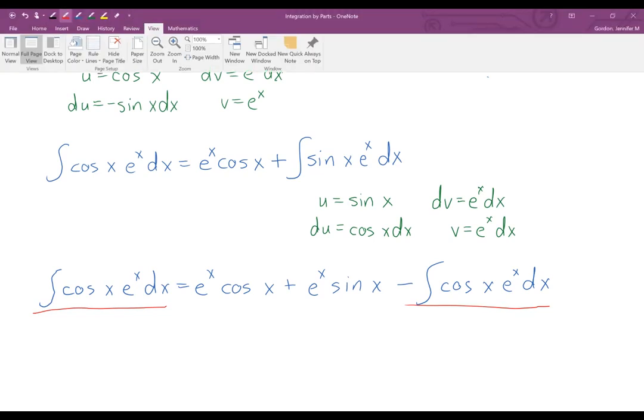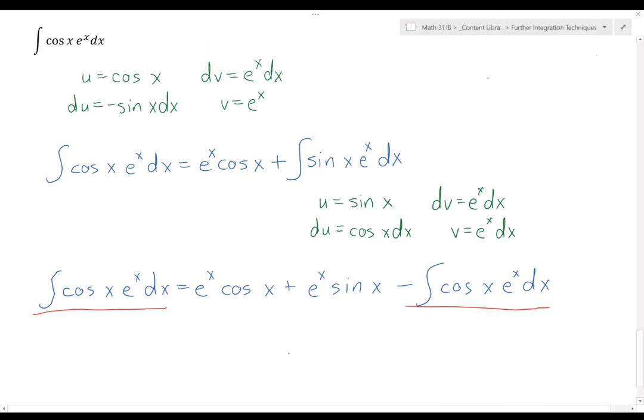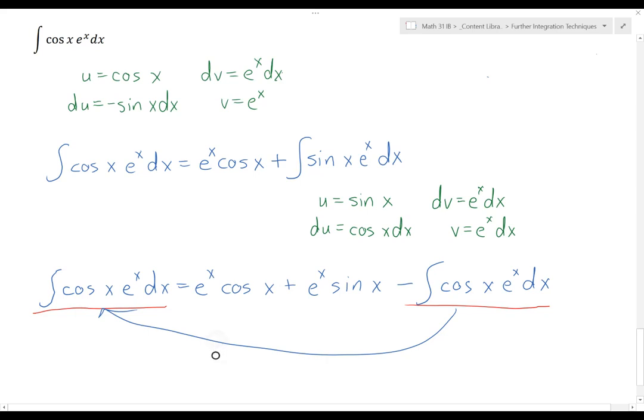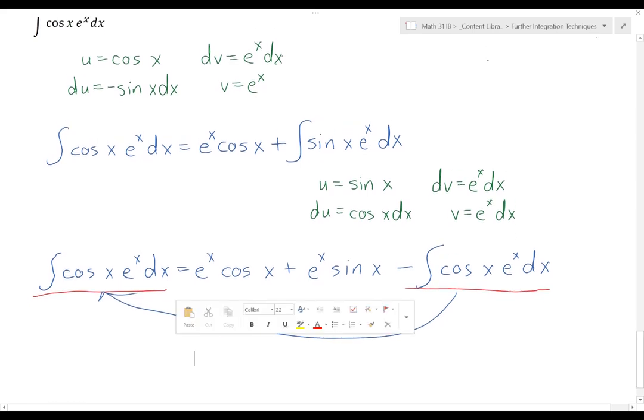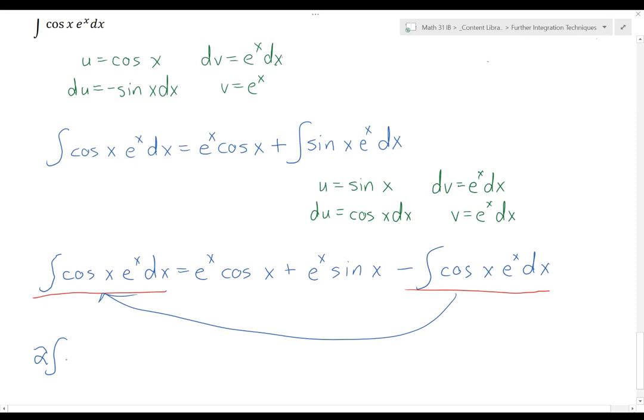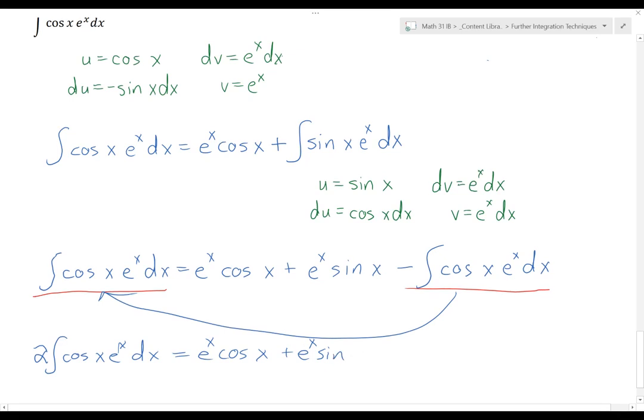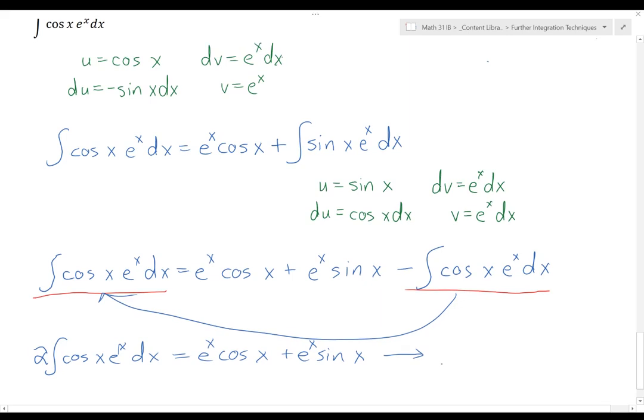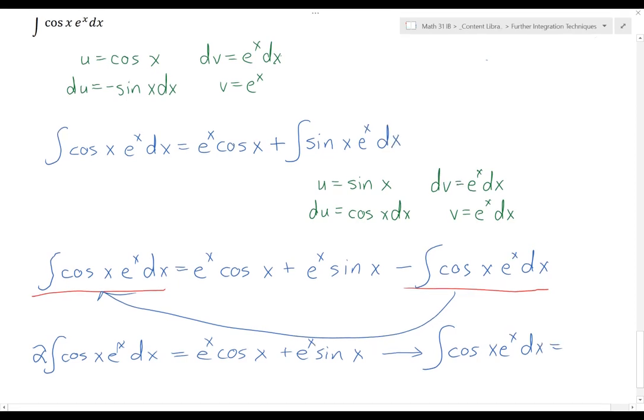So I can actually put them together. So I can write this as 2 times the integral of cos x e to the x dx equals e to the x cos x plus e to the x sine x, which means that the integral that I'm looking for, the integral of cos x e to the x dx, is just equal to 1/2 of that.